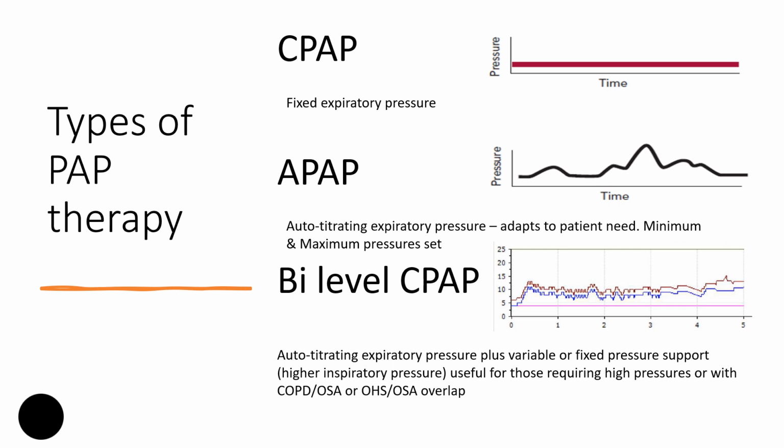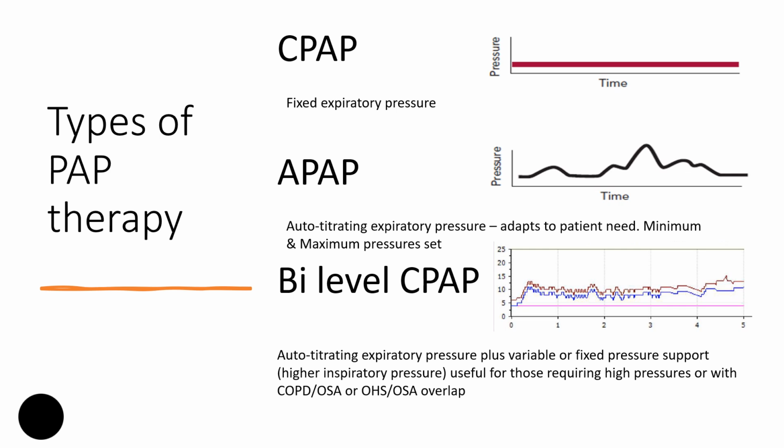And then there will be some people who need something called bilevel CPAP. So instead of just having one pressure, the same pressure when you're breathing in and out, this will have two pressures, a lower pressure when you're breathing out and a higher pressure when you're breathing in. And these machines can go up to higher pressures as well.